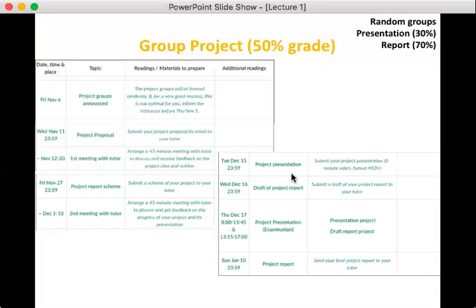Then you will have the project presentation, which is evaluated and represents 30% of your grade. We expect you to submit it on Tuesday a bit in advance, the reason is because we want you to submit an 8-minute video, so we want to be sure that everything works.